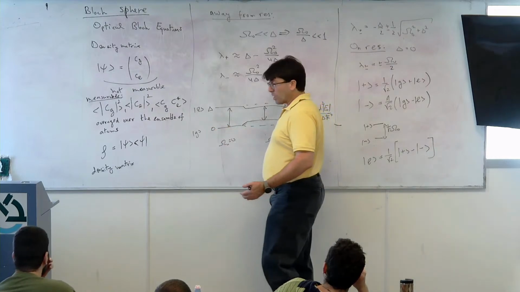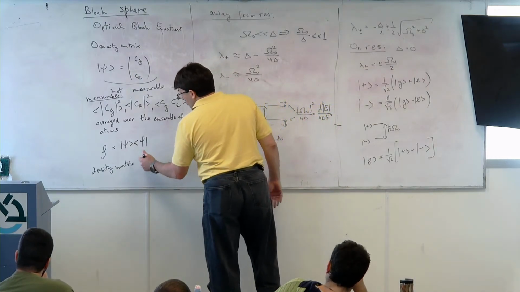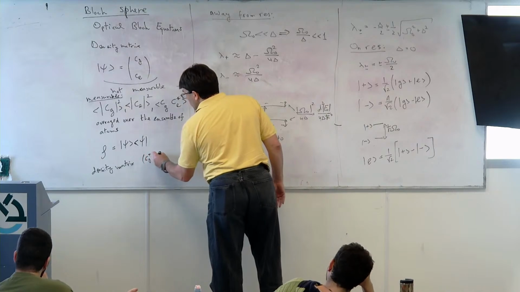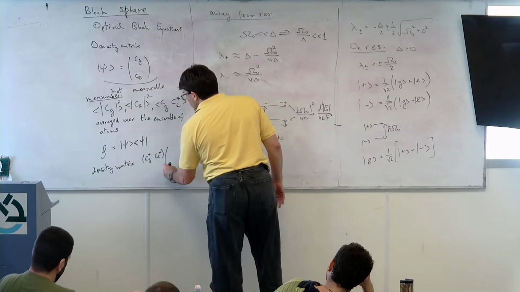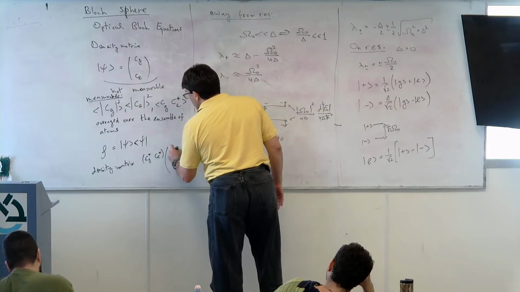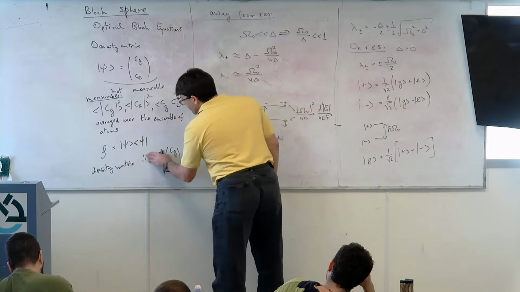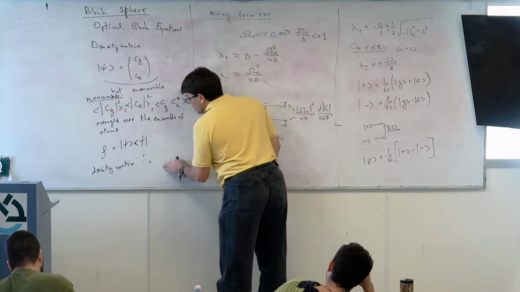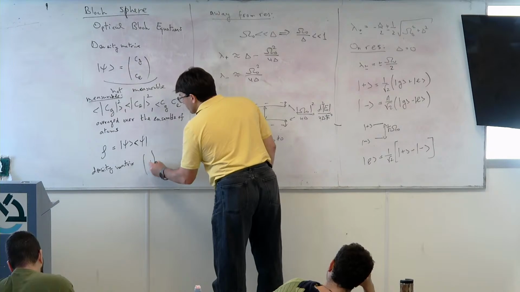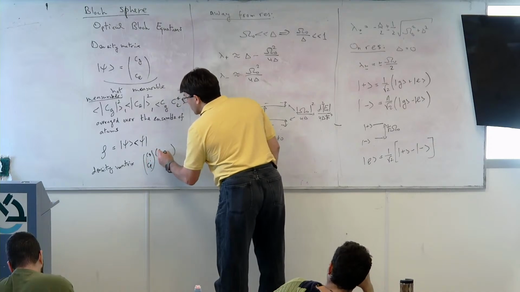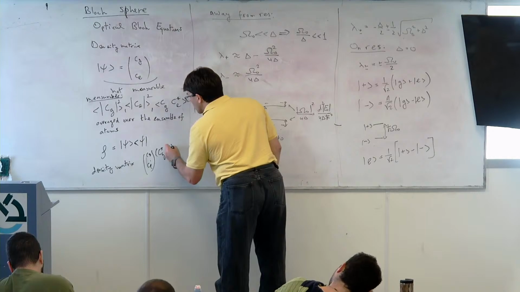What is it? I'll remind you. Of course, you can calculate this: C_G, C_E here multiplied by C_G star, C_E star, like that.